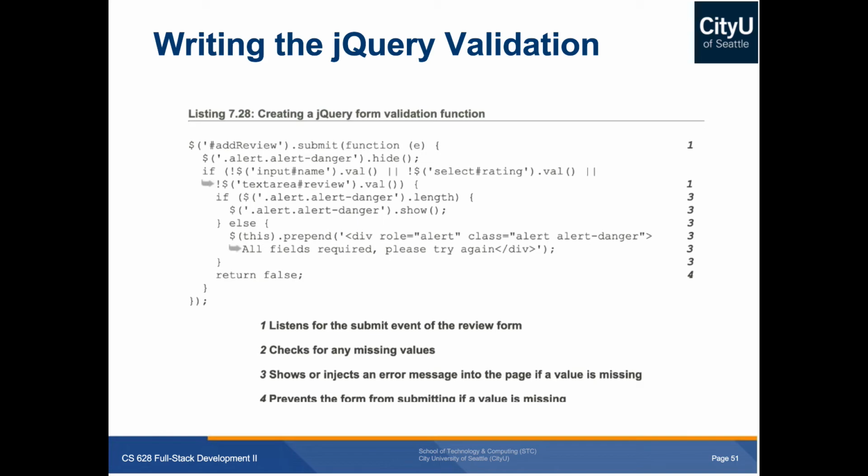Then the else would be prepend. The this now pertains to the object, and we would add this div tag that includes an error message saying all fields are required, please try again.